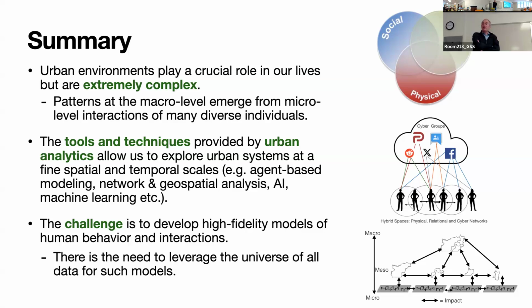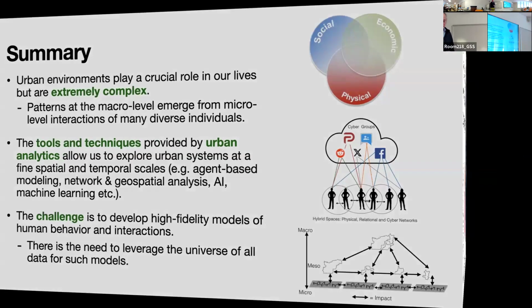And there's still a big challenge in developing good models and models of realistic behavior, and leveraging data in different ways. But what we see at one level, let's say Newark, is generated because of all of you and everyone else in the city, right? And to capture all of that is challenging.